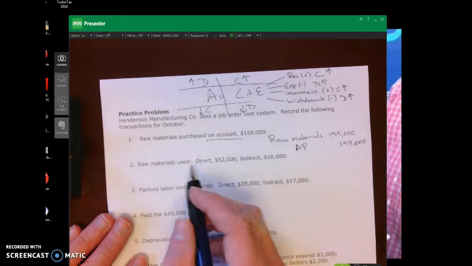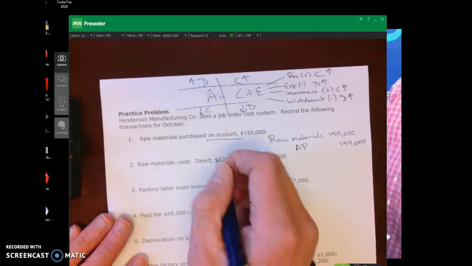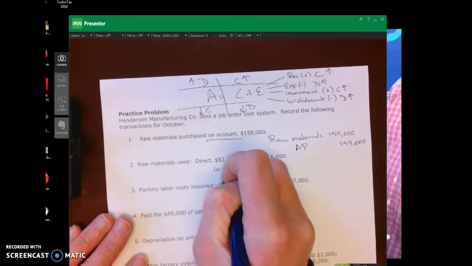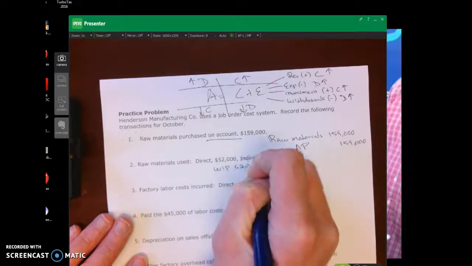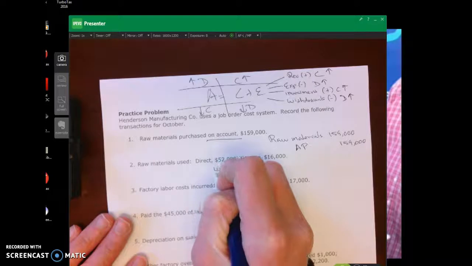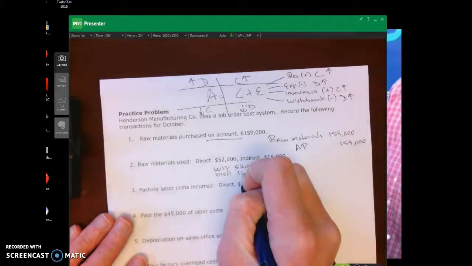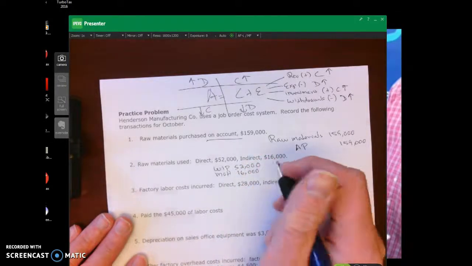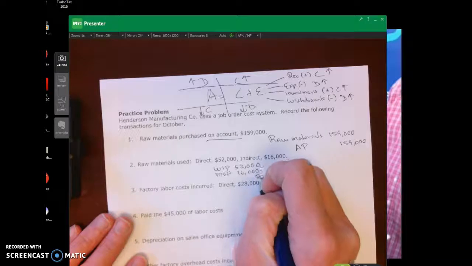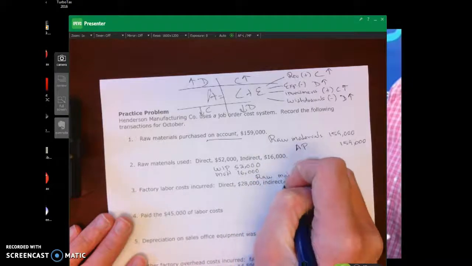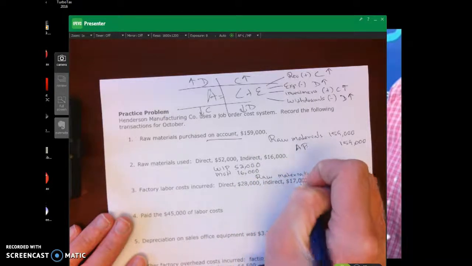Okay? So when we look at our raw materials used, our direct materials go straight into work in process. The indirect materials, as I mentioned, go into overhead, a temporary area where we hold our overhead expenses. $16,000 right over here. Then we can credit raw materials because it's moving out of raw materials, and raw materials is an asset account.